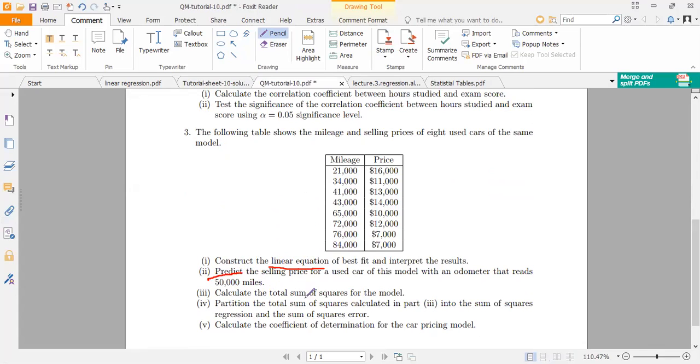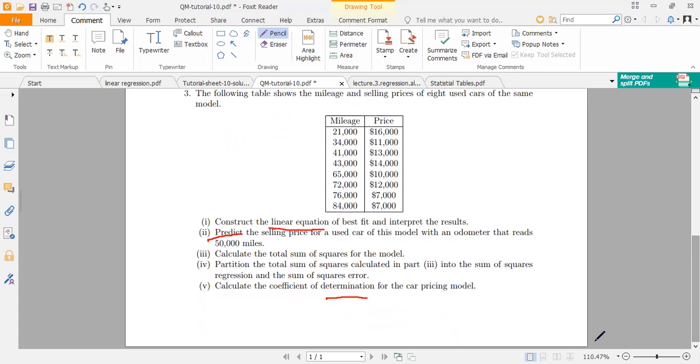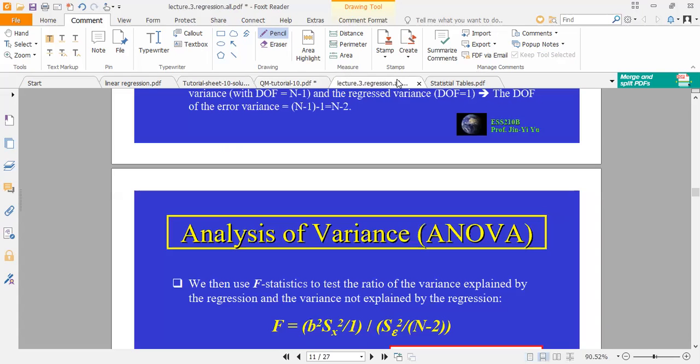Number 3, how to come up with the sum of squares and to use the coefficient of determination to interpret the relationship. Now, this is a very basic way compared to the way we looked at it, because what we did earlier was even more detailed than this.